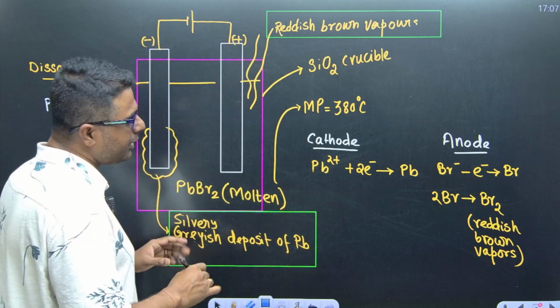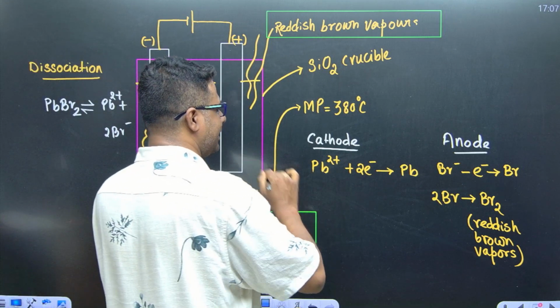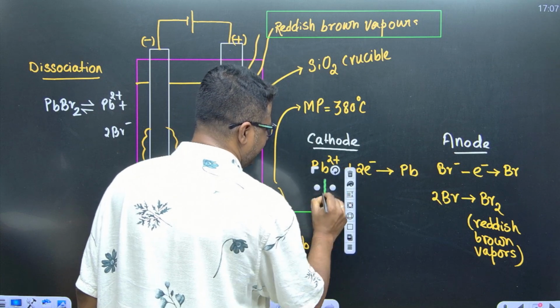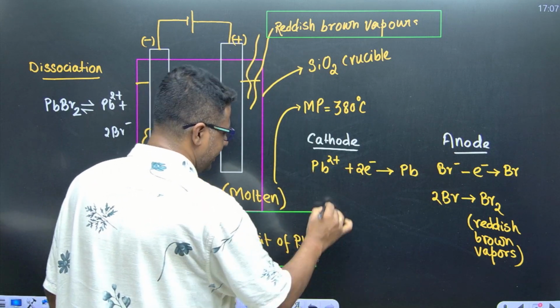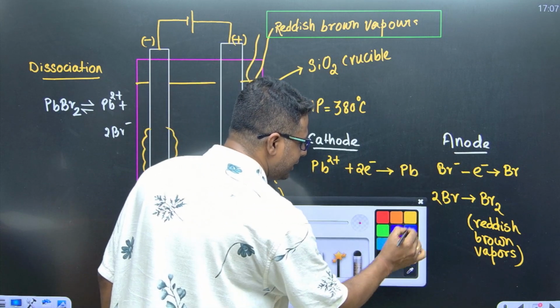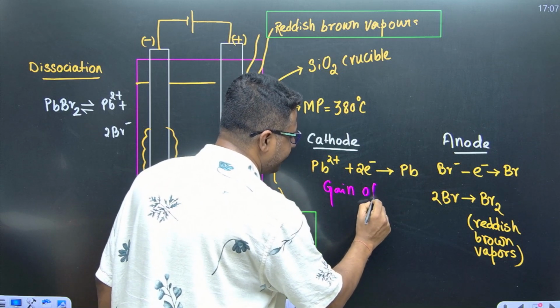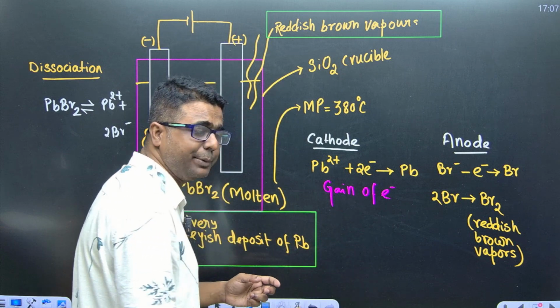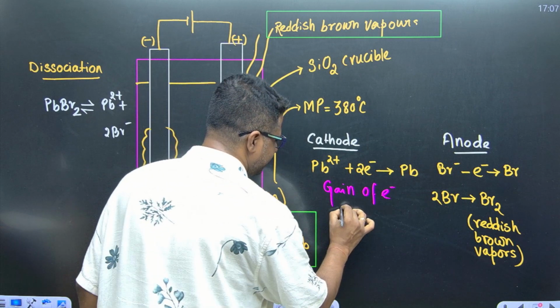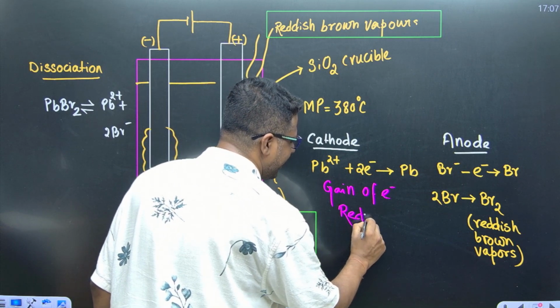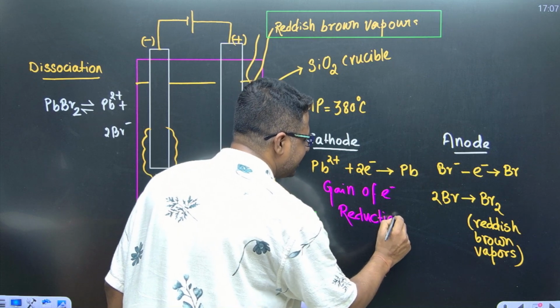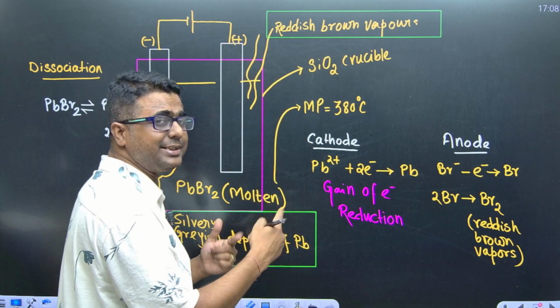Now you also have to analyze again, that is here there is gain of electrons, and gain of electrons means reduction. So here there is reduction. Where there is reduction? There is reduction at cathode. What happens at anode?